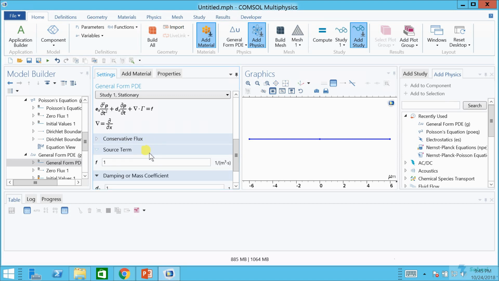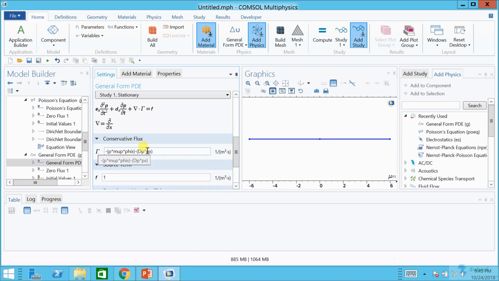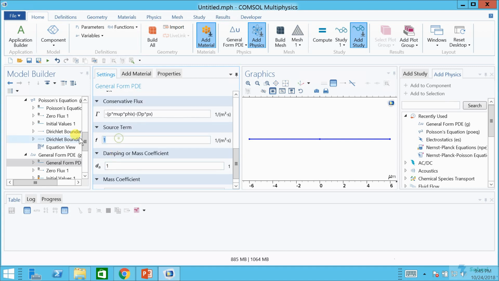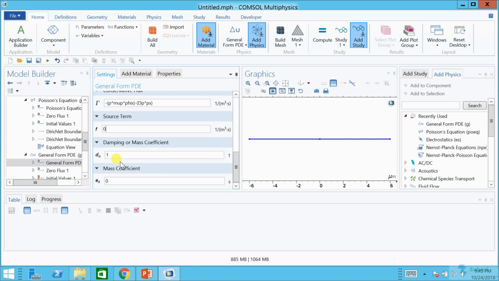You could see over here the conservative flux term, the unit, there is no unit error or something. So the source term is 0 and DA to be 1, mass coefficient is 0.